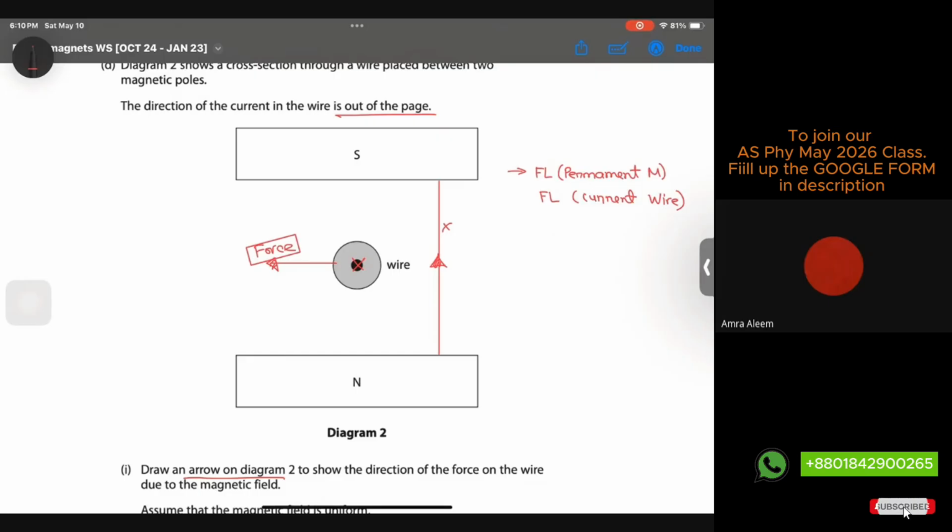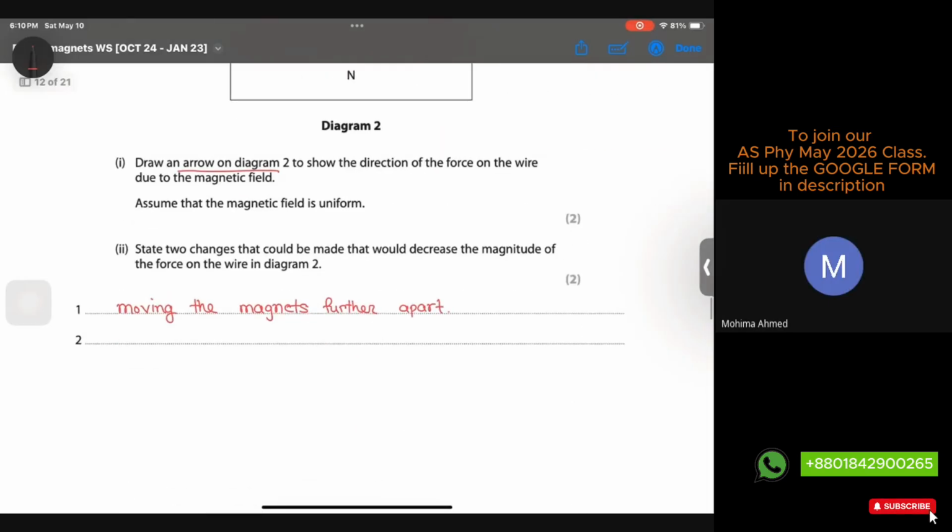Yes, miss. So we can just write that moving the magnets further apart, or I can say now use a lower current to pass through the wire.